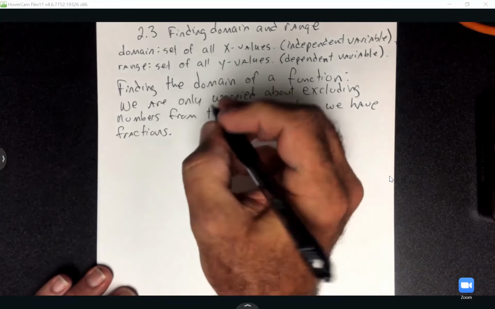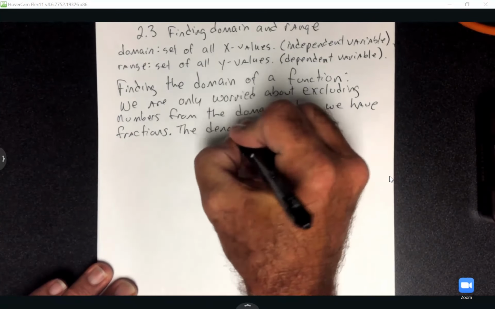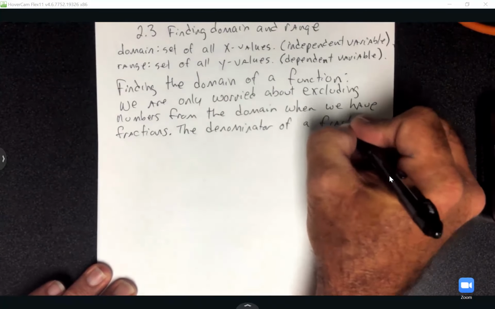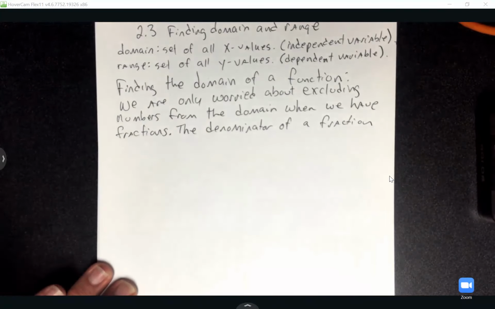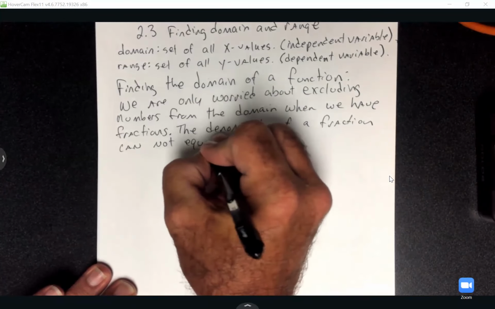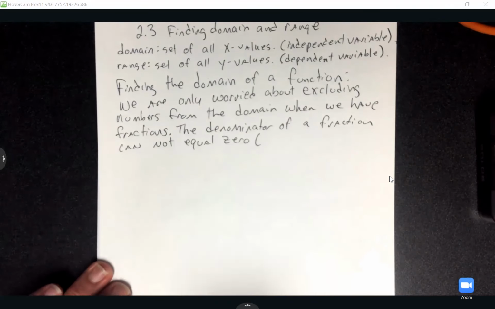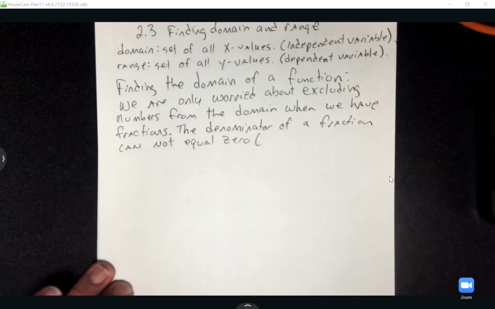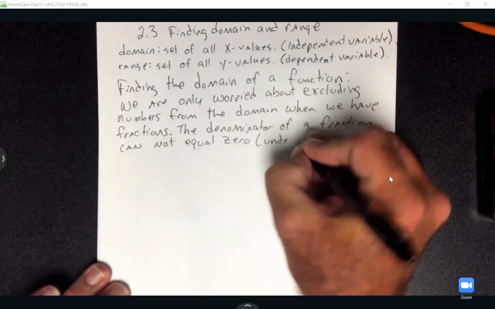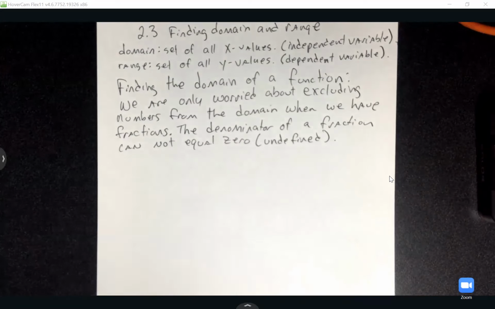Okay, because remember, the denominator of a fraction cannot equal 0. So remember, if it does equal 0, that makes it undefined. And undefined is not a real number.